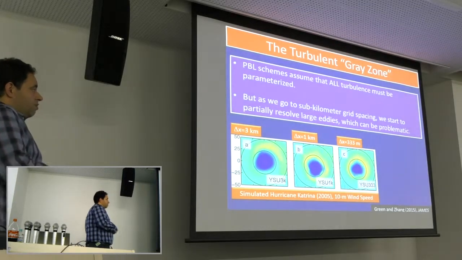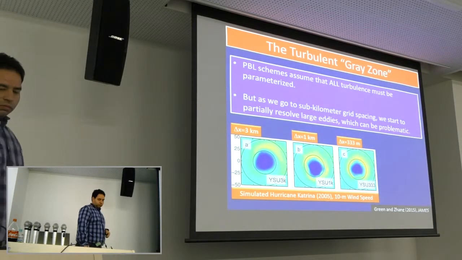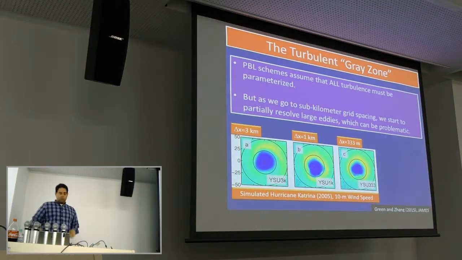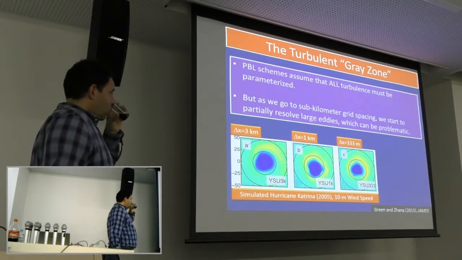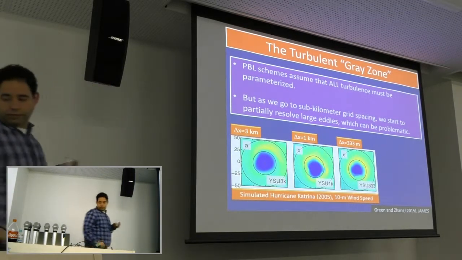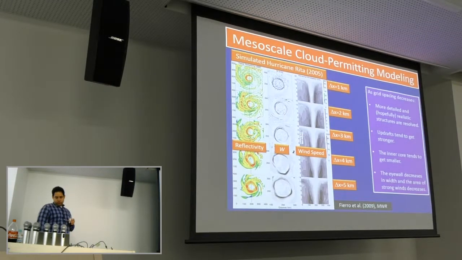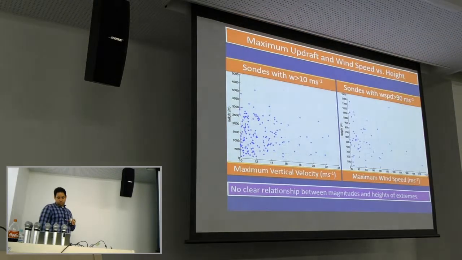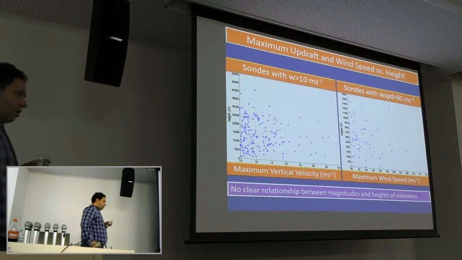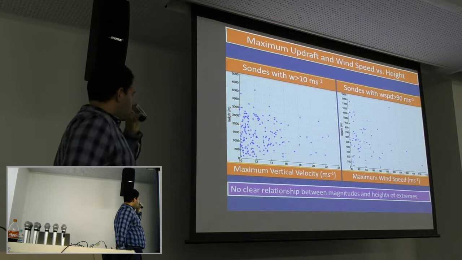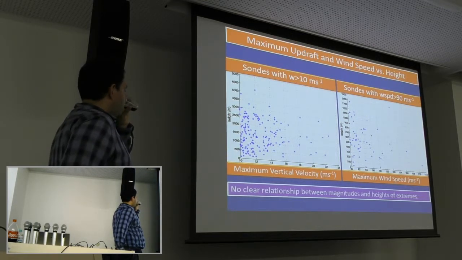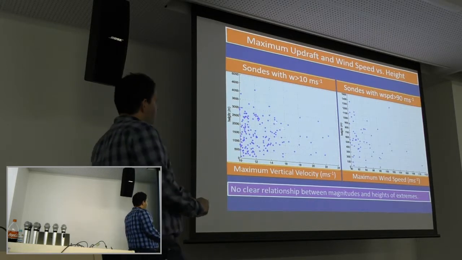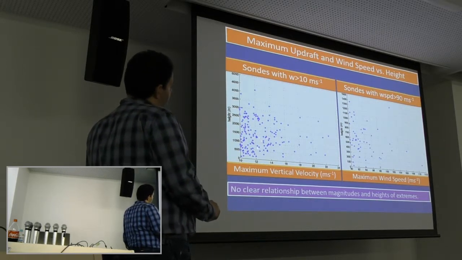Excuse me, can I ask a question on the dropsonde observations? Could you please go back to the sonde observation slide? The maximum vertical velocity seems to appear outside the tropical cyclone inflow boundary layer.